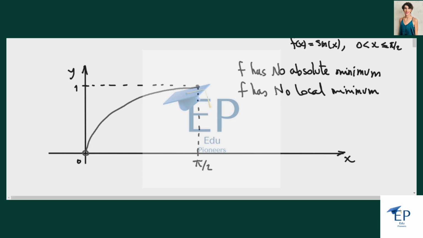And with respect to absolute maximum, we have f at pi half is 1, and that's the highest point in the graph, in the domain given here.